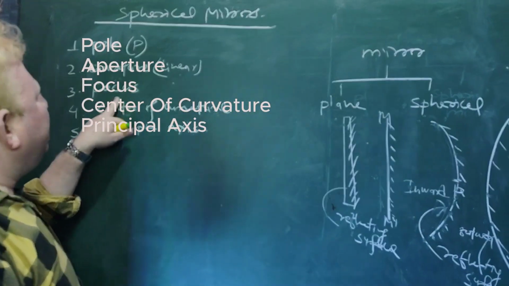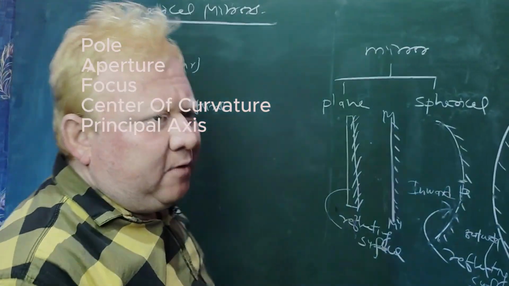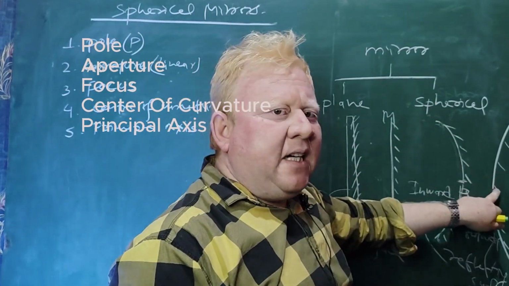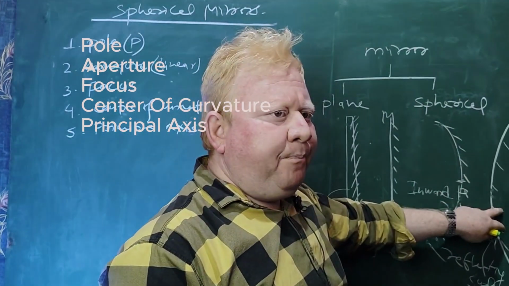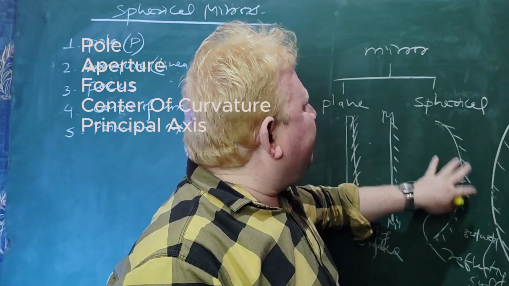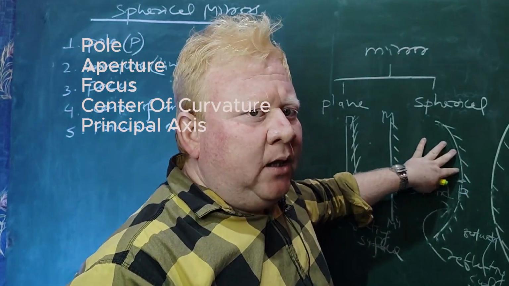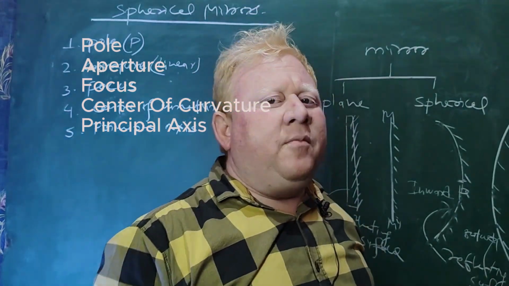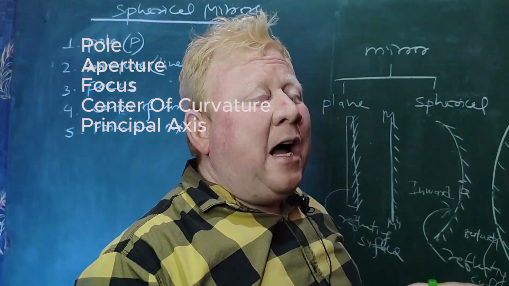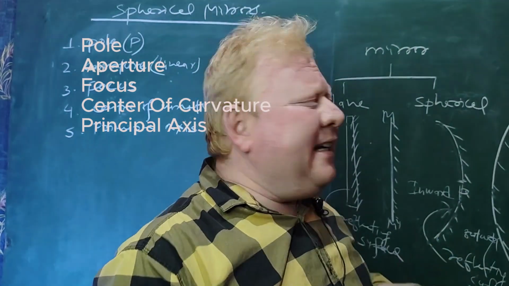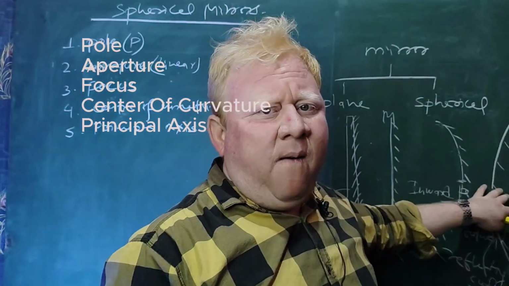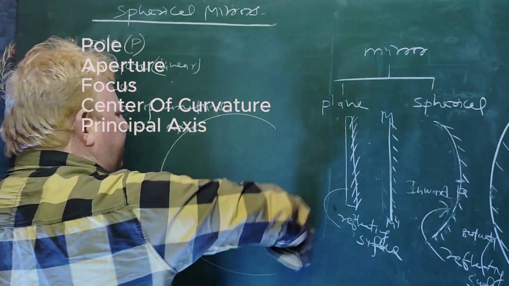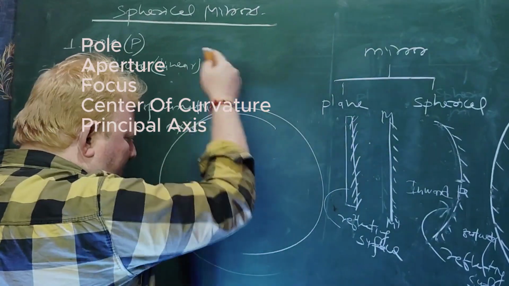Before focus, I would like to discuss the center of curvature. Under spherical mirrors, two types are there, concave and convex. How do we get a concave or convex mirror? You can get it by a sectional cut of a hollow sphere.